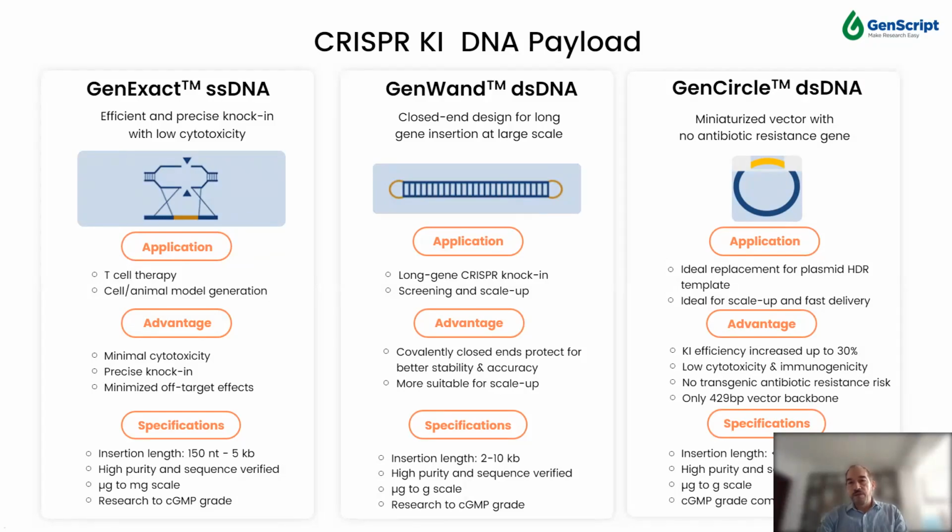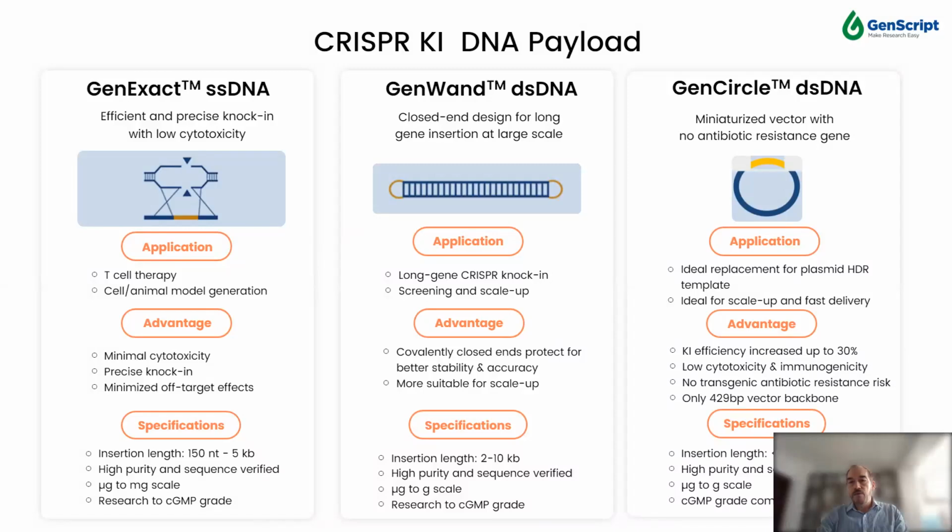And then the GenCircle double-stranded DNA template is very useful for very large fragments, up to 50 kilobases. These circular DNA vectors are also very good for increased knock-in efficiency, and they offer low cytotoxicity and immunogenicity.